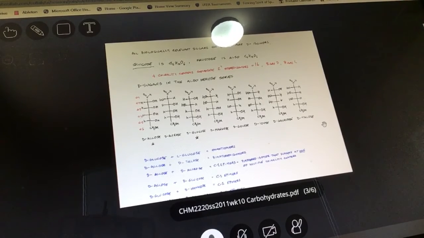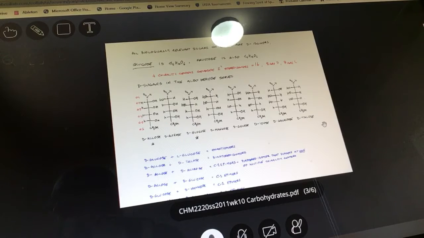Glucose has 4 chirality centers. That generates 16 stereoisomers. 8 are Ds and 8 are Ls. If we take that leap and say, I'm only going to pay attention to the D sugars, not the L sugars, then that gives us a series of 8 aldohexoses. And that's what you can see at the top of this page. There are 8 sugars, and they're called allose, altrose, glucose, mannose, gulose, idose, galactose, and talose.